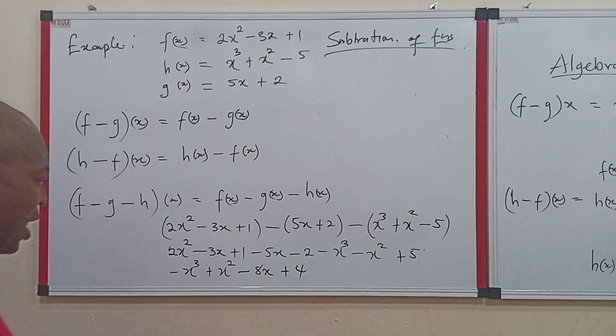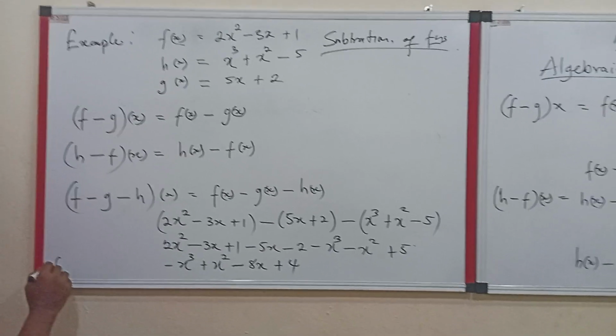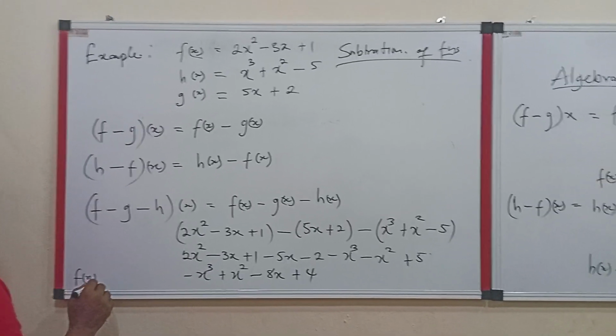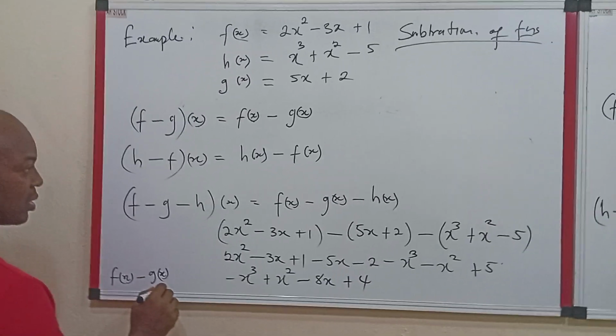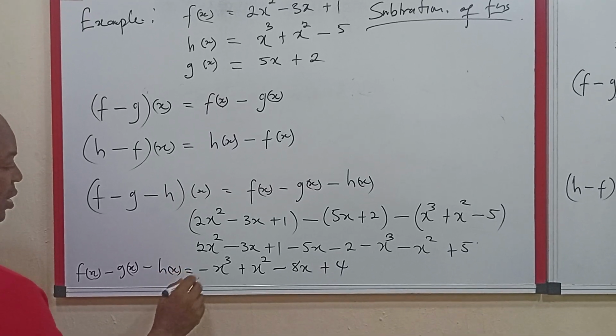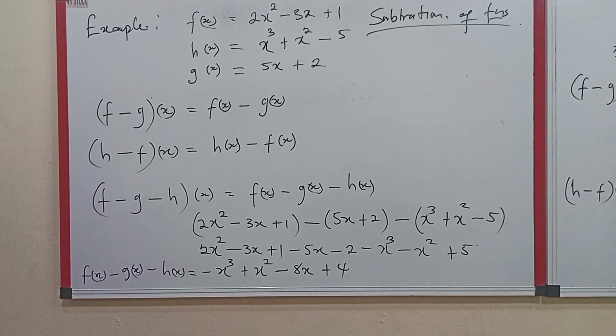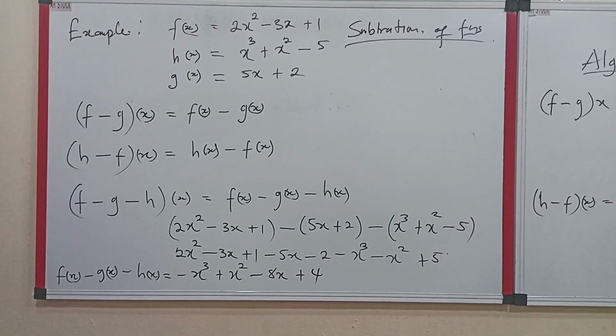So we are saying that f of x minus g of x minus h of x is equal to this term. So you can see that this is pretty good.